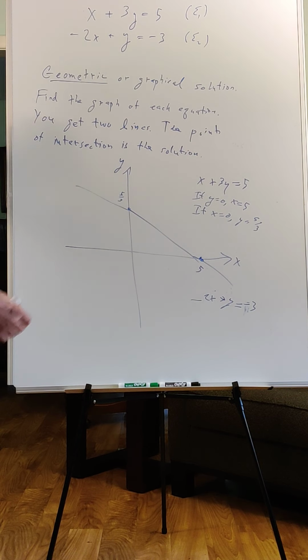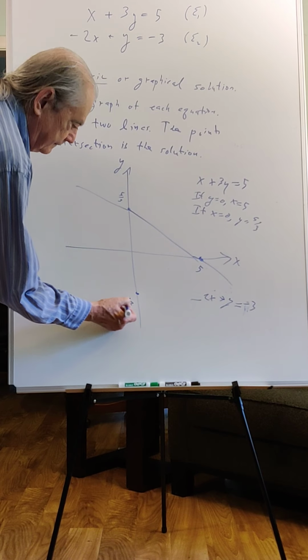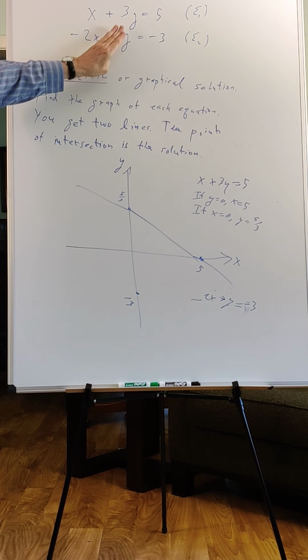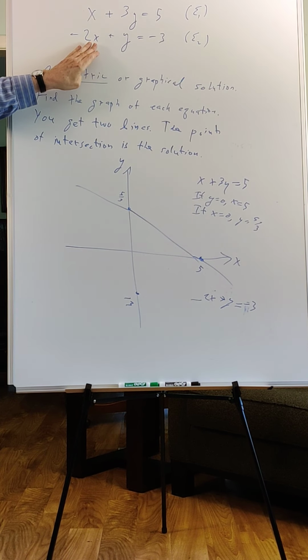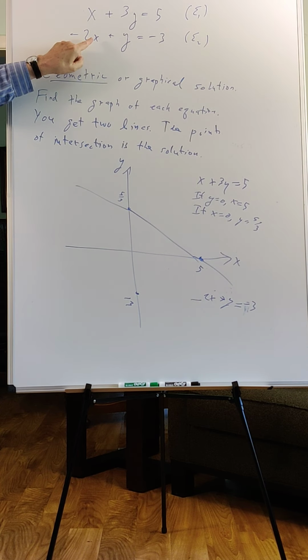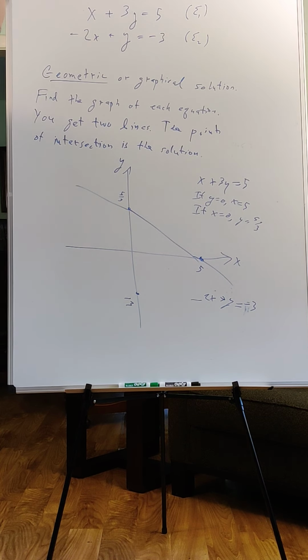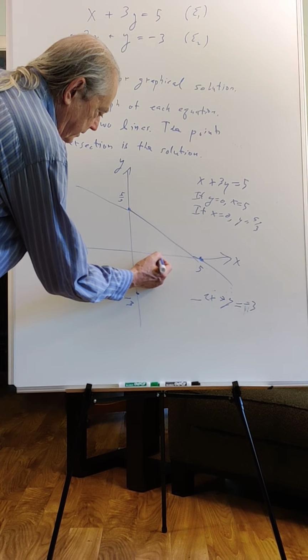So if x is 0, y is -3. That's this point. And if y is 0, -2x is -3, solve, so x is 3/2, minus over minus is plus. We get this point here.